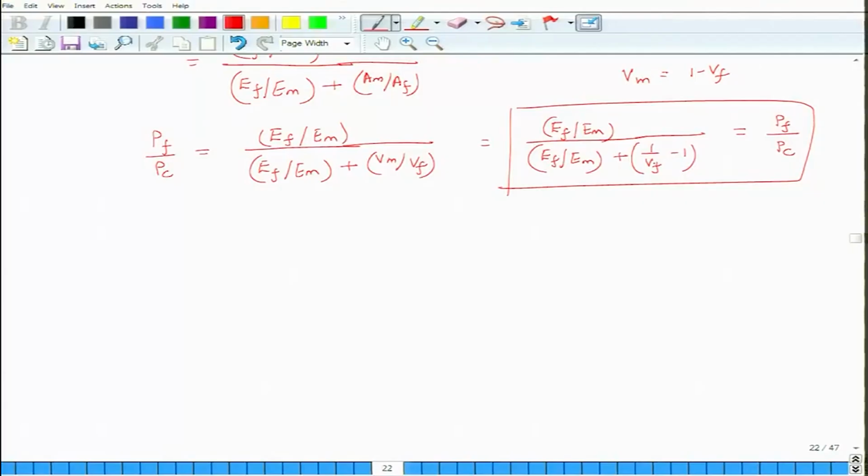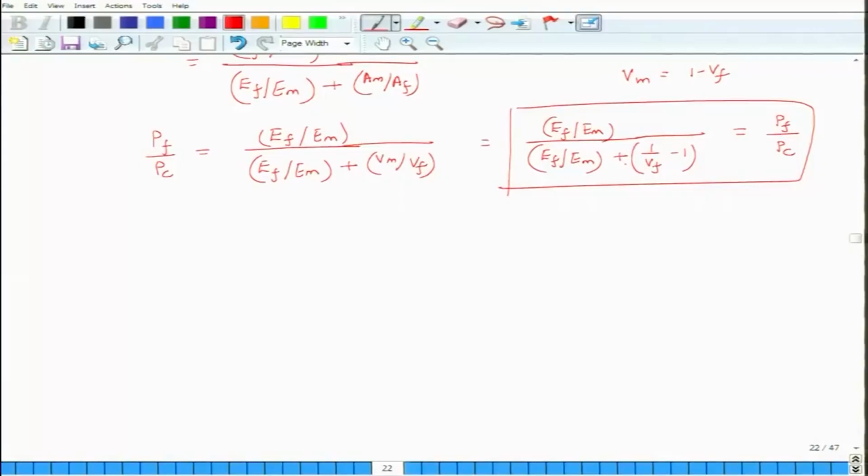The other thing is that suppose Ef over Em is very large, let us say it is 100. So, numerator is 100, denominator is 100 plus some number.